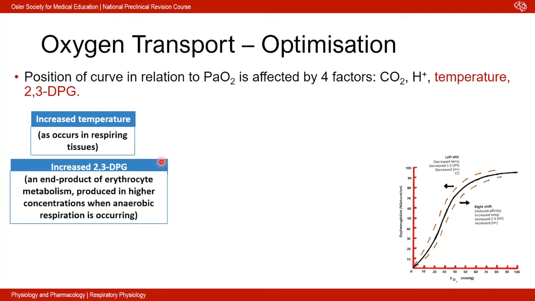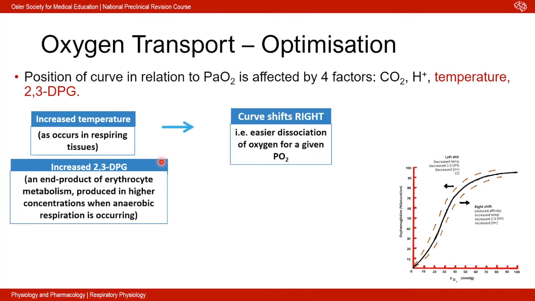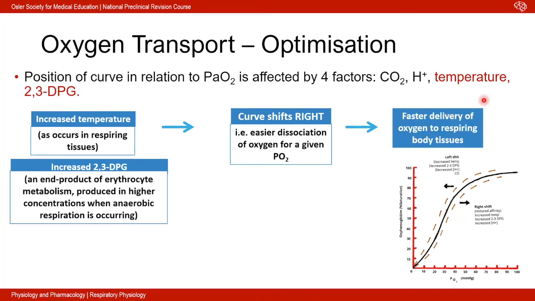So again, these are kind of representative of places where there's more oxygen required. This is also going to cause a rightward shift. Again, it will mean that there's an easier dissociation, more oxygen is going to fall off that hemoglobin because we've got a slightly further shift this way. And that will mean that we have a faster delivery of oxygen to respiring body tissues.